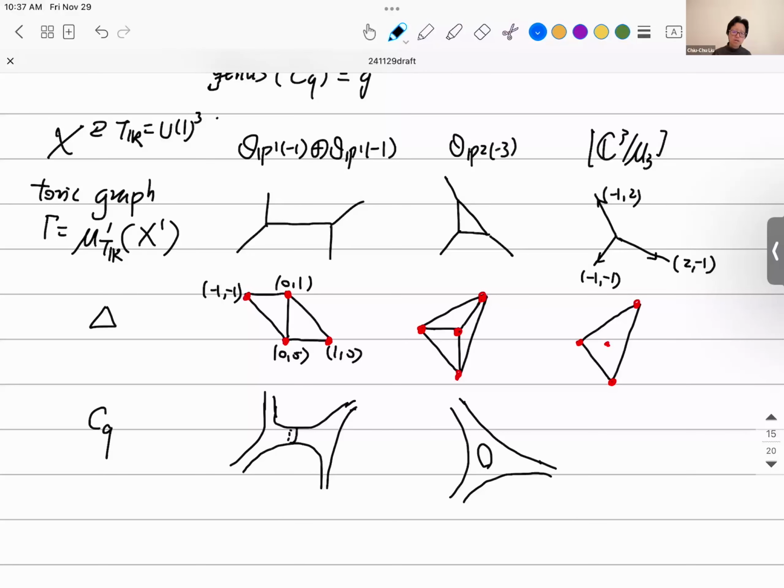It has one interior lattice point, so this is (0,0). You see it has one interior lattice point and 3 boundary lattice points. The mirror curve, you really write down the mirror curve. And for generic Q, the mirror curve is smooth. It's genus 1 with 3 punctures.